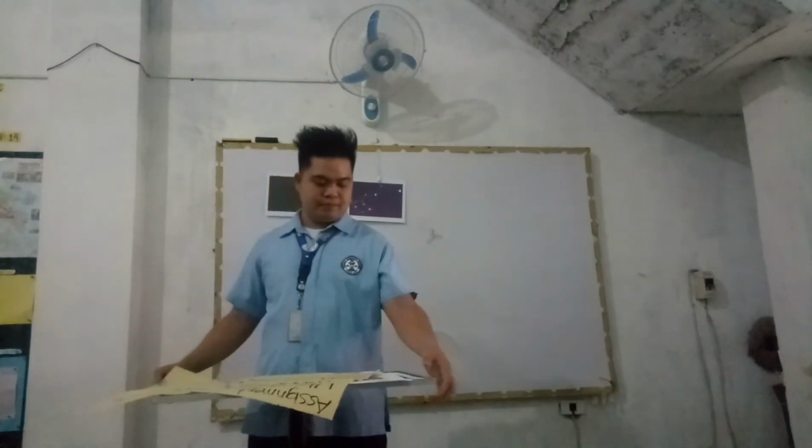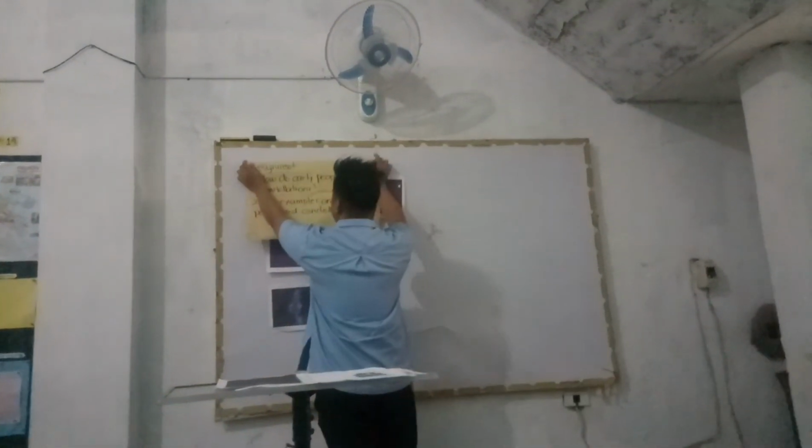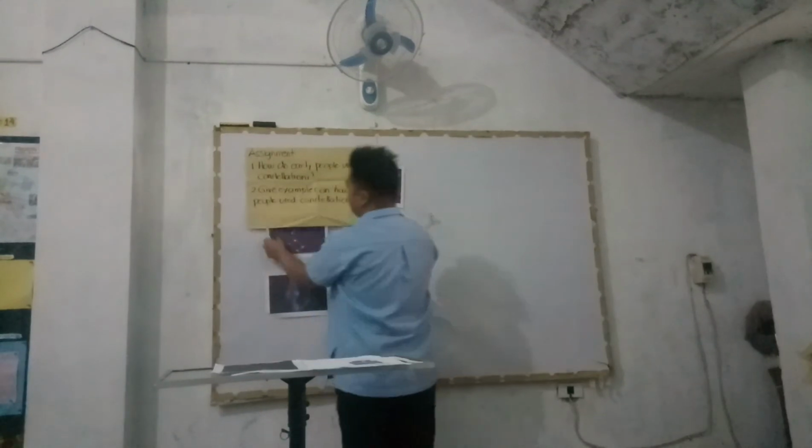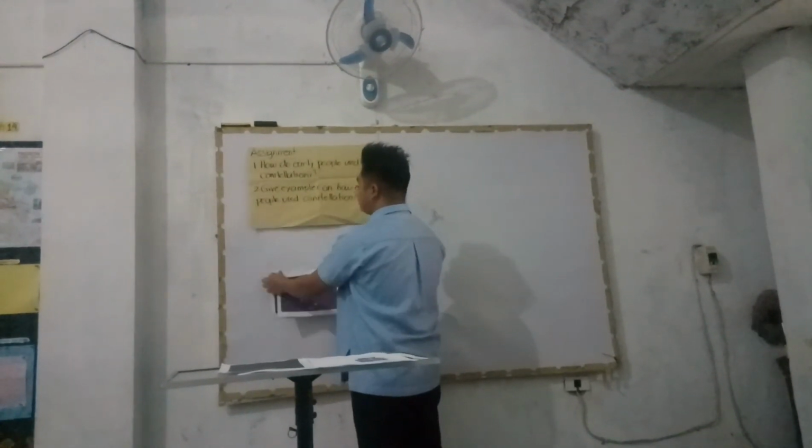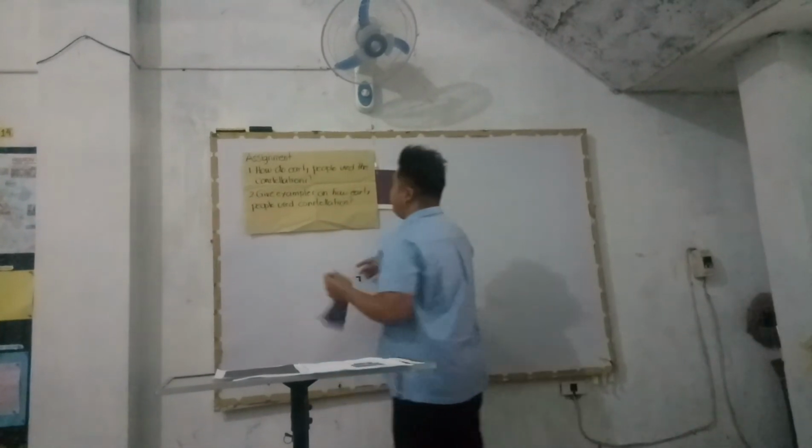Alright, for your assignment, please write this on one whole sheet of paper. Number 1, how did early people use constellations?